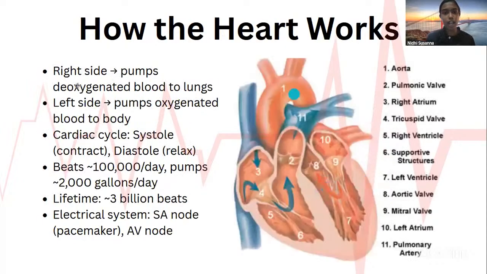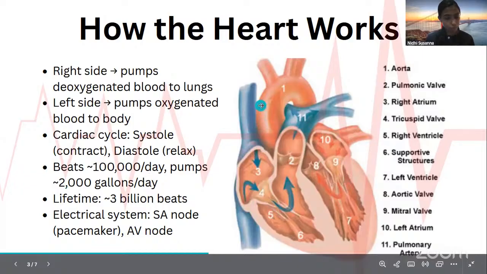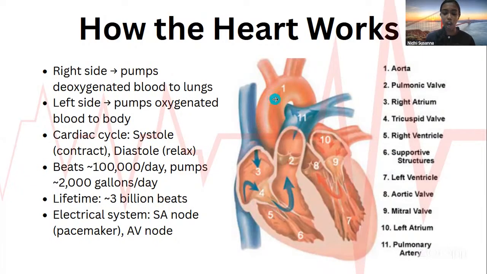So how does the heart actually work? The right side of the heart receives blood low in oxygen and sends it to the lungs. The left side receives oxygen-rich blood and pumps it to the rest of the body. This process is called the cardiac cycle: systole when the heart contracts and diastole when it relaxes.